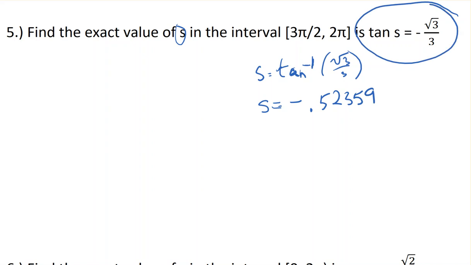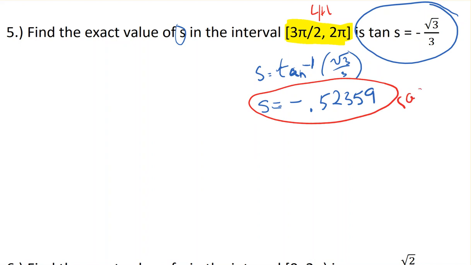But the problem lies with the restrictions. It says it has to be between 3 pi over 2 and 2 pi, which is in the fourth quadrant. Now, try to keep in mind that this is radians. So it's an angle measurement, but it's in radians.